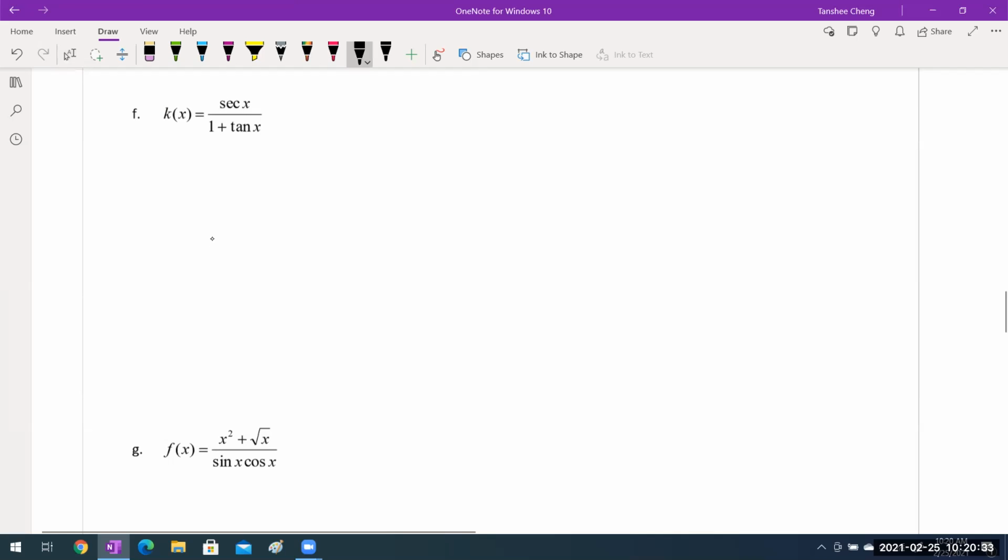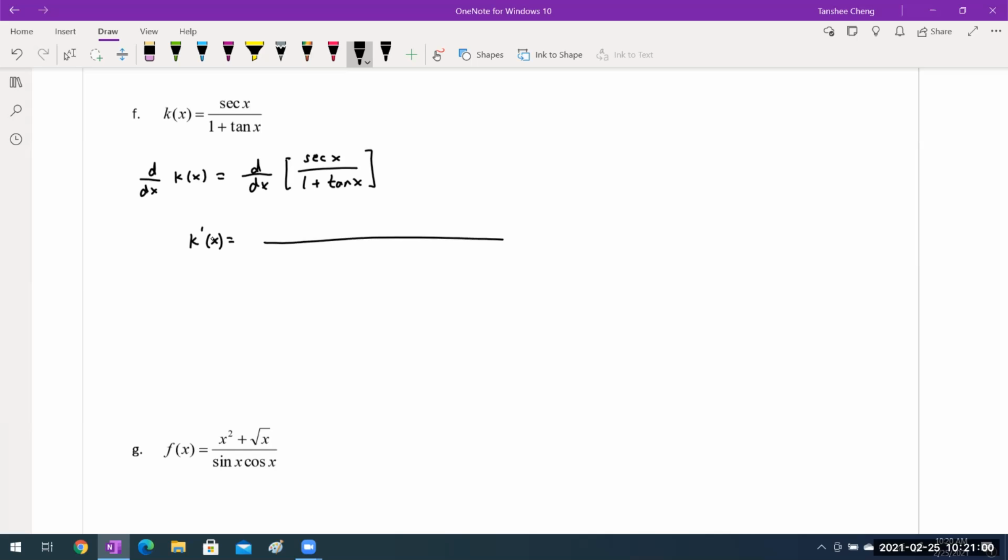Using the quotient rule, so the derivative with respect to x of k of x. And when we take derivatives with respect to x of the quotients, now I'm going to take the derivative of the numerator. Right? That will become the derivative of secant x.